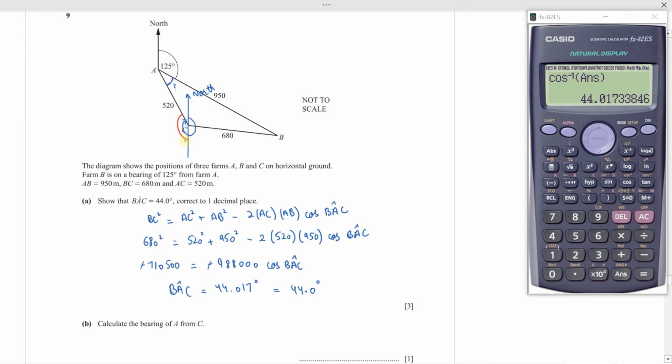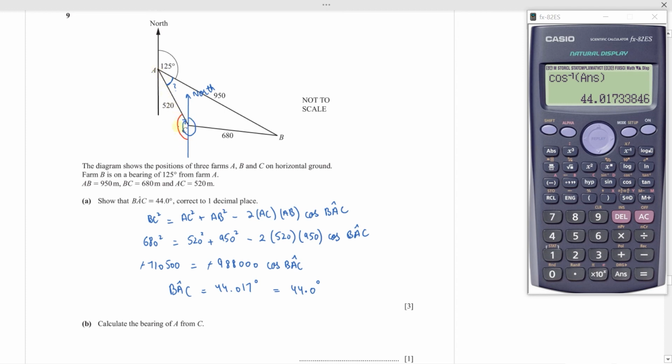Now if I look at this red angle, and let me just extend this line for A as well. So this is the north, and I will extend this down as well. So now these two north lines are parallel, and this line AC is passing through the two parallel lines.